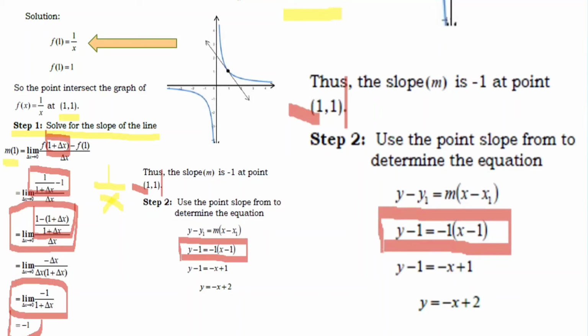Since we're going to use the point-slope form, we substitute the values of our slope and the coordinates of our point, which are 1 and 1. Evaluating, we have the equation of the line y = -x + 2.